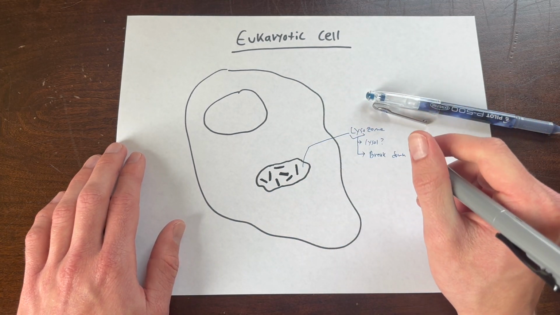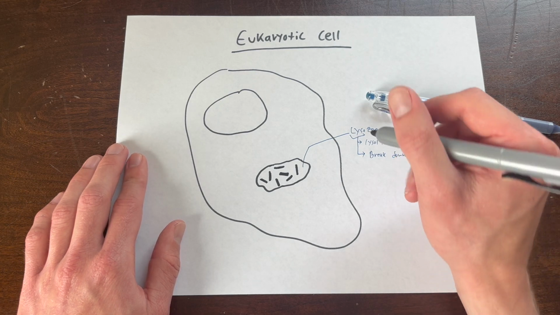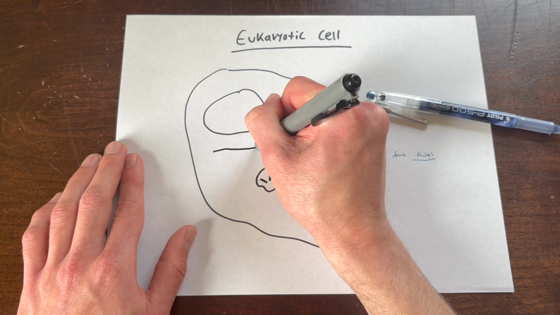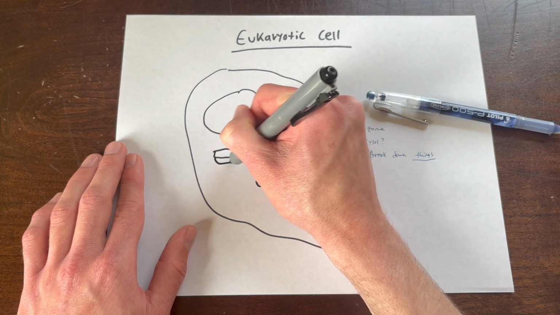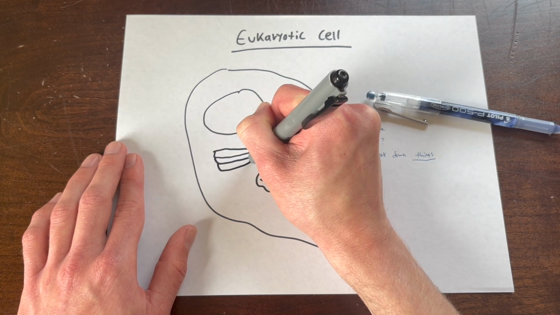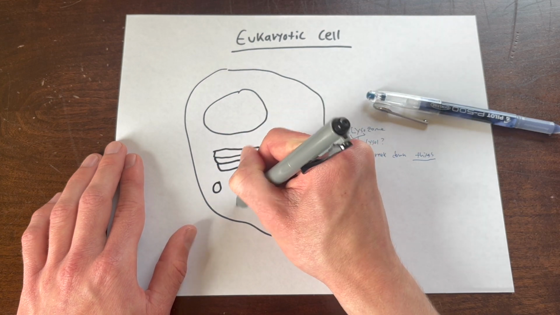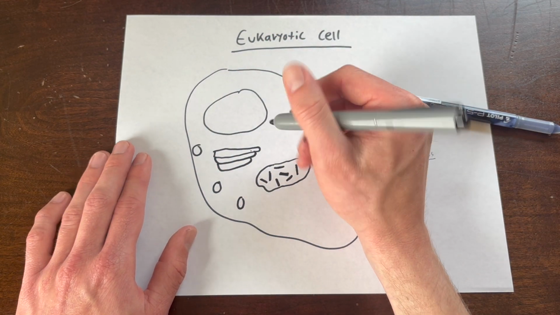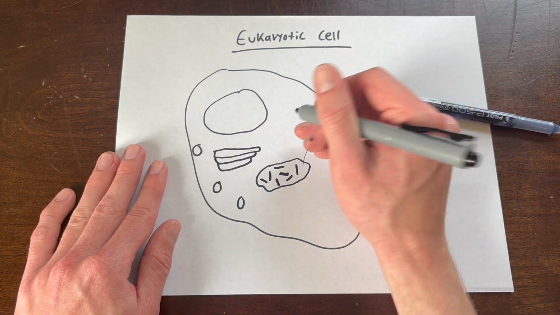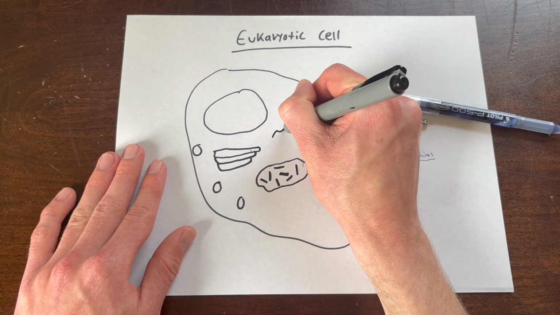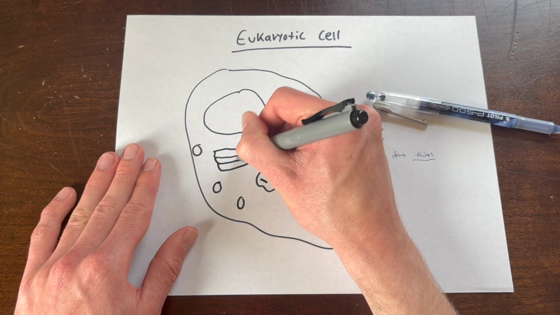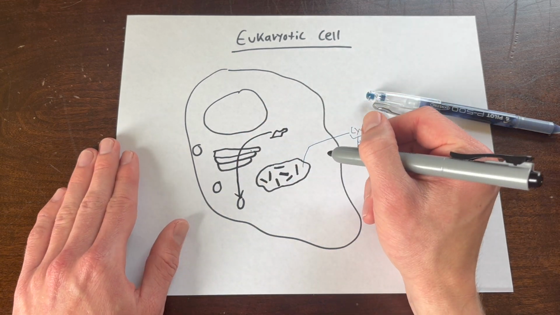After that, you have the Golgi apparatus. Okay. Golgi apparatus kind of looks like this stack, like a big bunch of pancakes, and they have these little balls. What the Golgi apparatus does is it's like a shipping center. So it takes things from one part of the cell and it moves them to different parts of the cell.